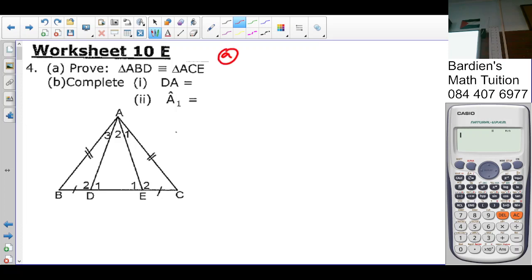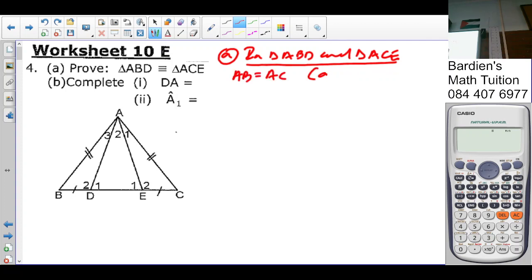So let's go. In triangle ABD and triangle ACE, we're going to say that AB is equal to AC. Why? Given. Then BD is equal to EC, also given.